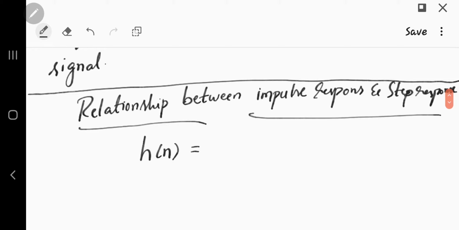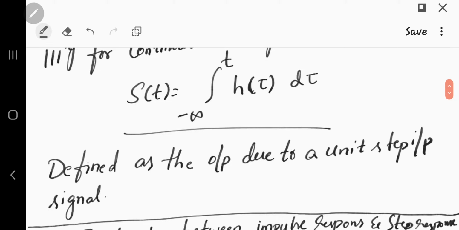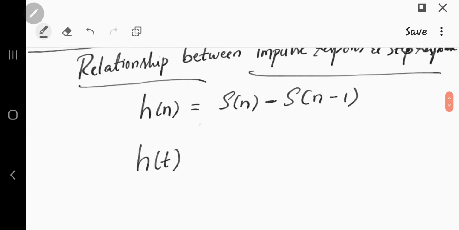If you invert this relationship, you can express h of n, the impulse response, in terms of step response as s of n minus s of n minus 1. And in continuous time, s of t is the integral of h of t, so h of t will be the inverse operation, that is, the differentiation of step response, d by dt of s of t. So we can invert this relationship between the impulse response and step response.